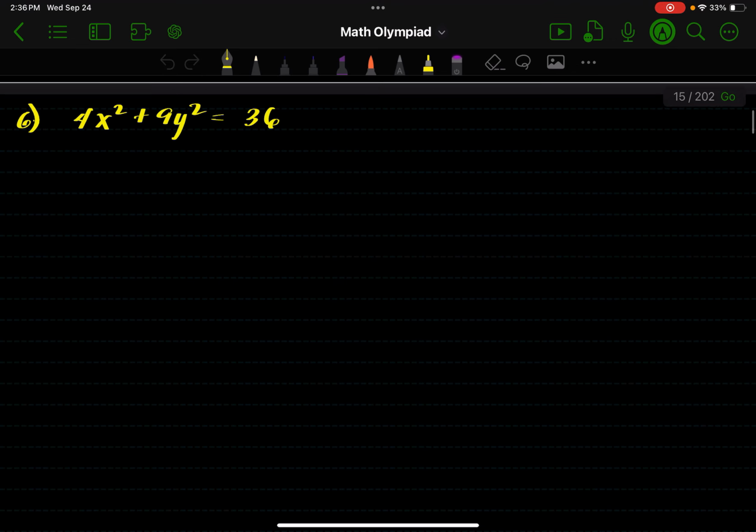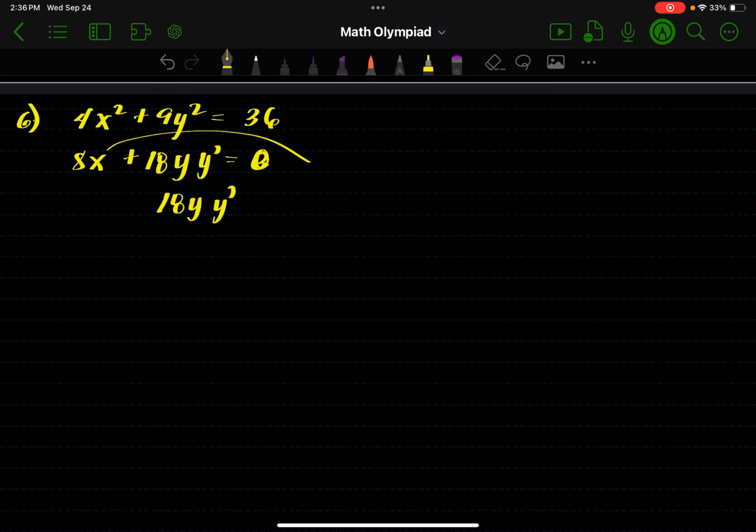More examples. Number 6, we have 4x squared plus 9y squared equals 36. The derivative of 4x squared is 8x, plus the derivative of 9y squared is 18y y prime, equals 0. Then transpose 8x. So 18y y prime is equal to negative 8x. Divide both sides by 18y.